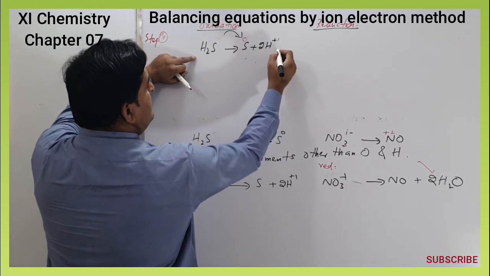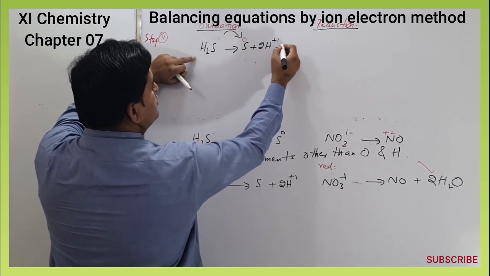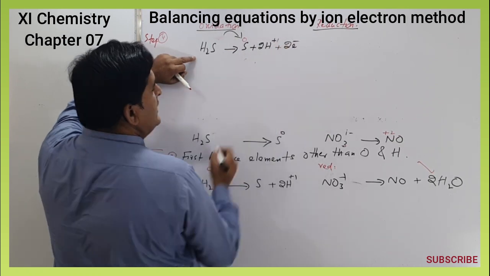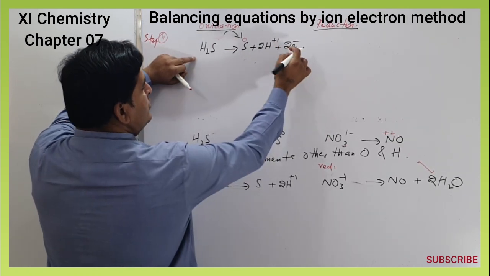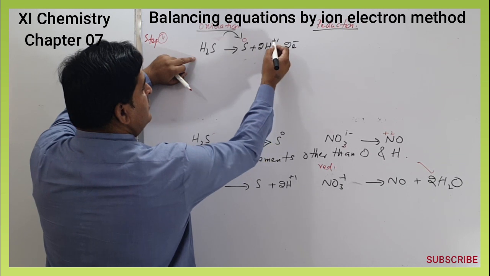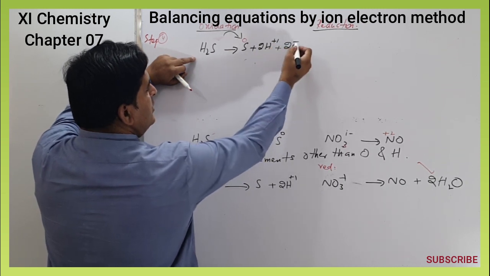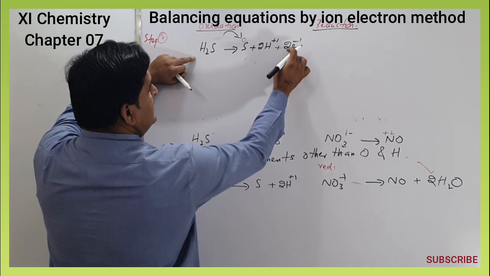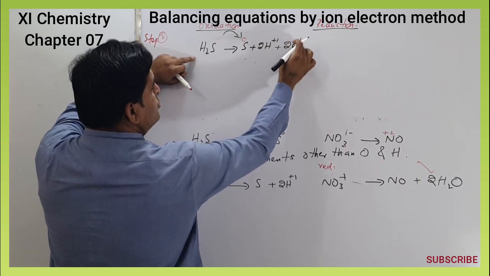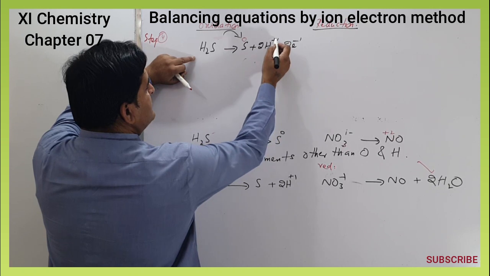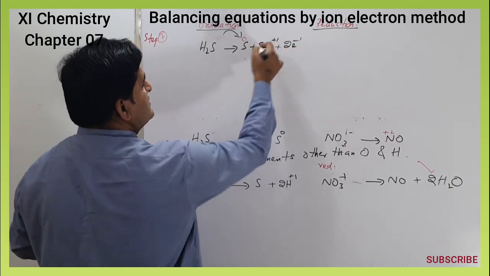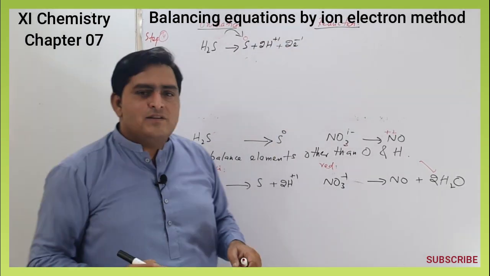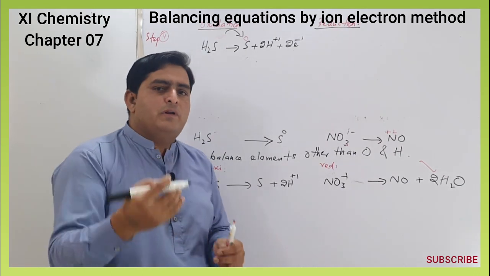Here there are 2 positive charges. So to cancel out these 2 positive charges, we write 2 electrons here. By writing 2 electrons, the charge becomes plus 2 minus 2. Minus 2 how? Minus 1 for 1 electron, so minus 2 for 2 electrons. So plus 2 minus 2. These charges are cancelled by the addition of electrons.